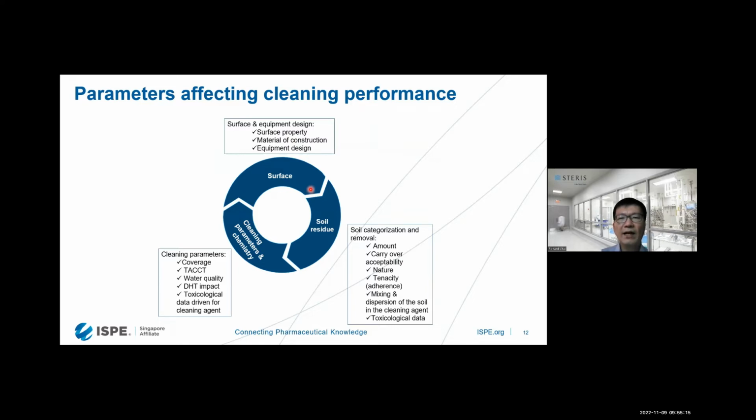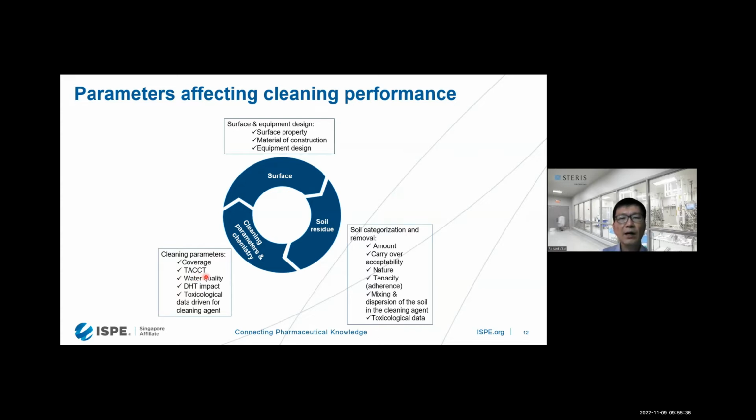So the validated cleaning procedures may not be effective to remove the residues from those surfaces. And cleaning parameters, as I mentioned before: the time, the action, the chemistry, what detergent to use, the concentration of the detergent, and also the temperature as well.